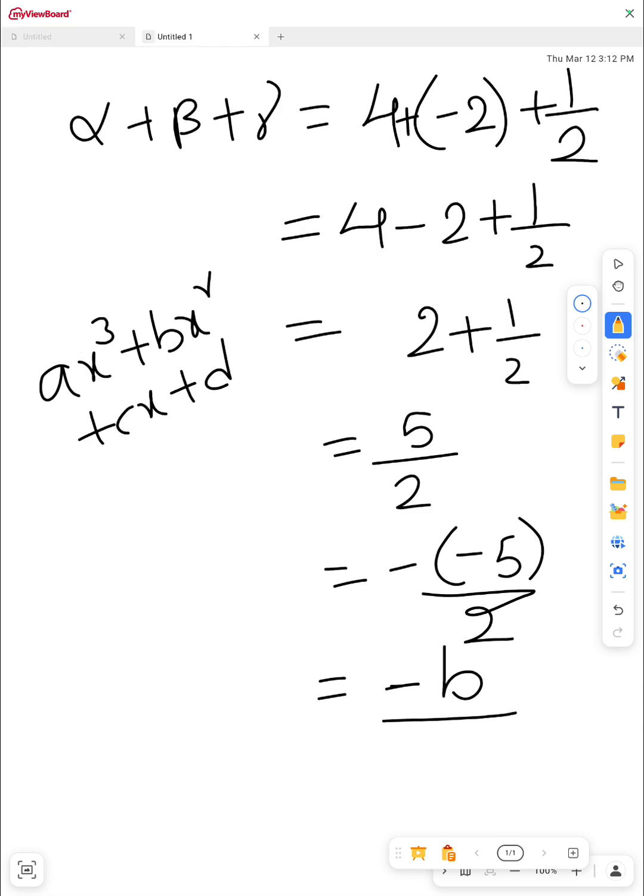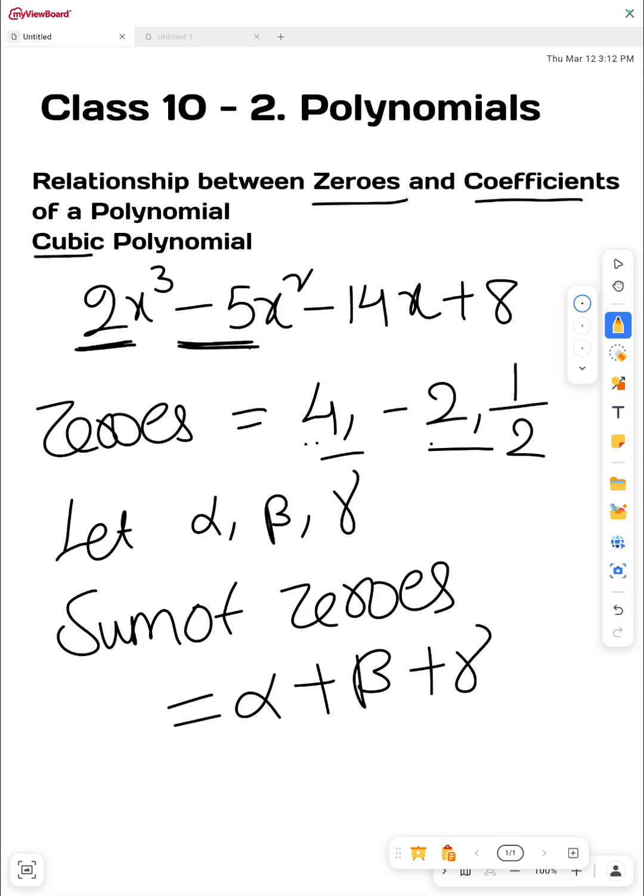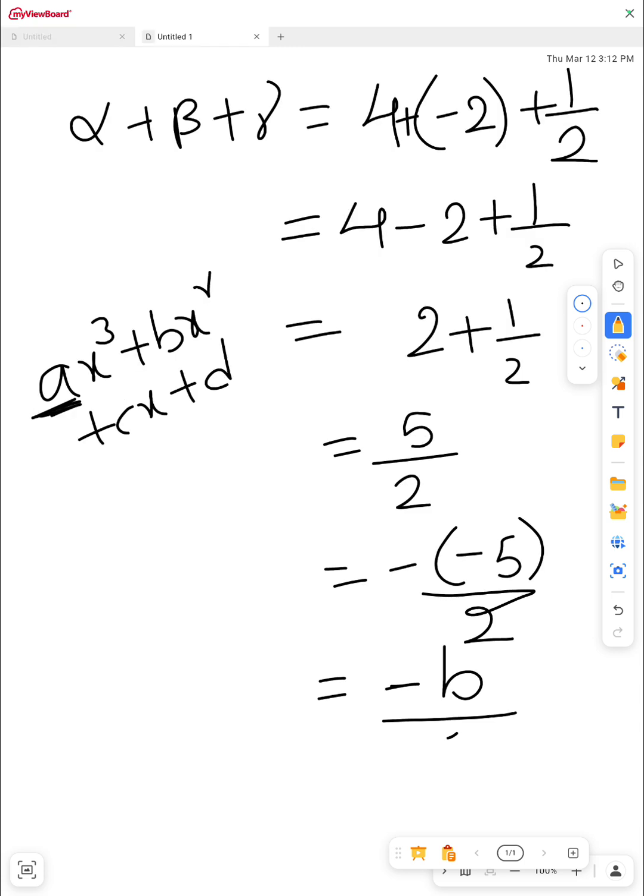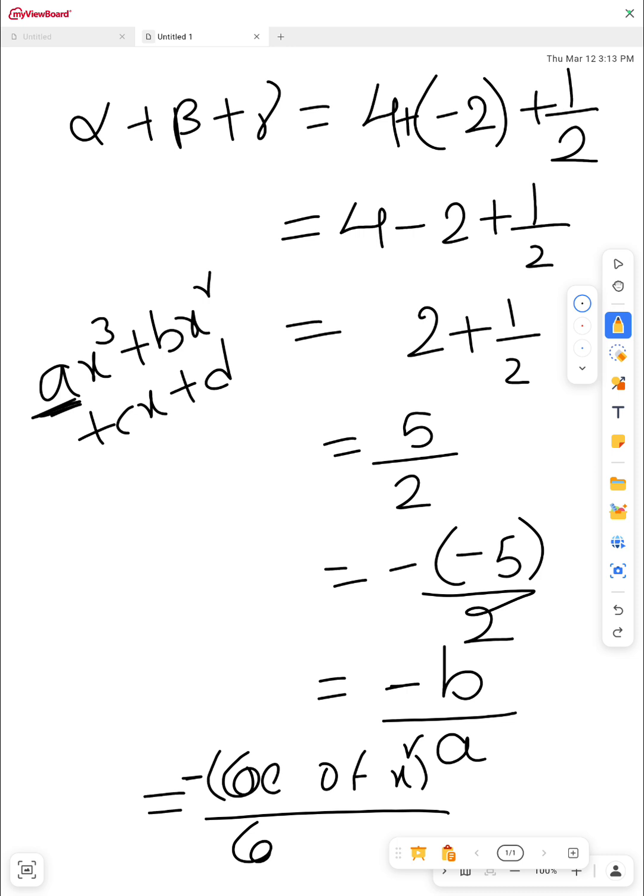Here 2 is in the form a. So minus b by a, which is minus the coefficient of x square divided by the coefficient of x cube. So this is the relationship for the sum of zeros. So alpha plus beta plus gamma is equal to minus b by a.